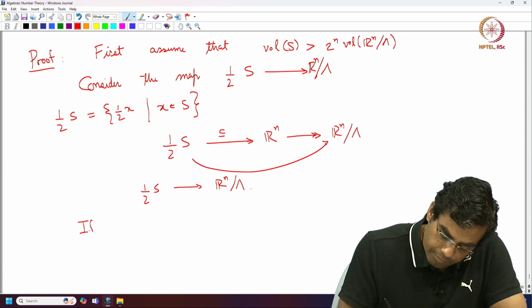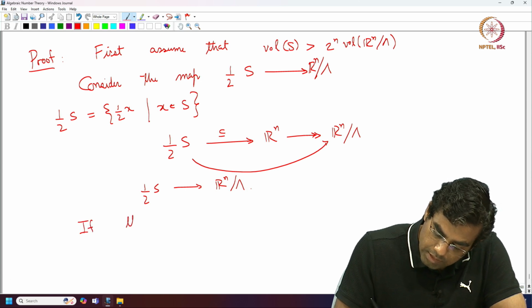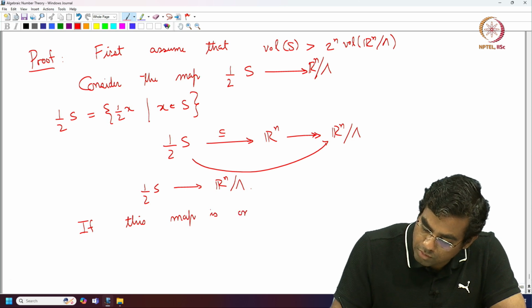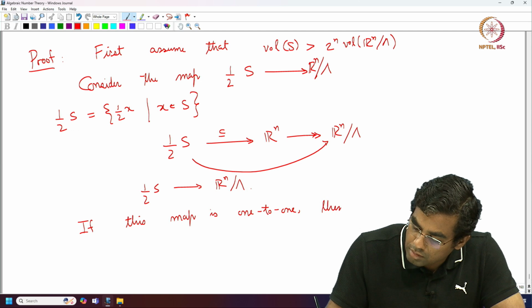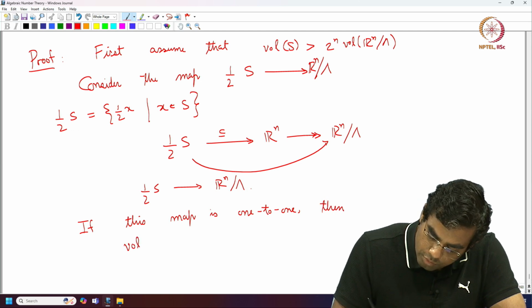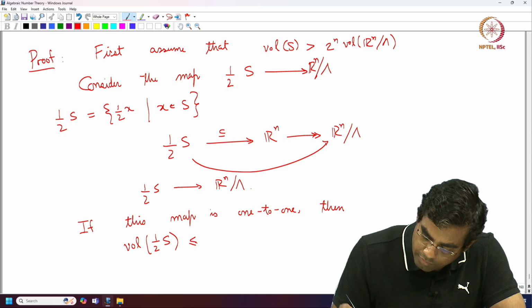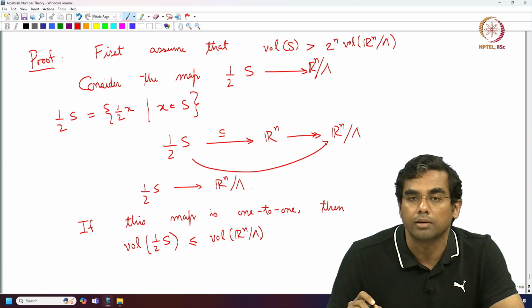Okay. Now, if this map is 1 to 1, what do we know? Well, if this map is 1 to 1, then volume of half of S will be, not strictly, but less than or equal to volume of R to the n mod lambda. Okay.